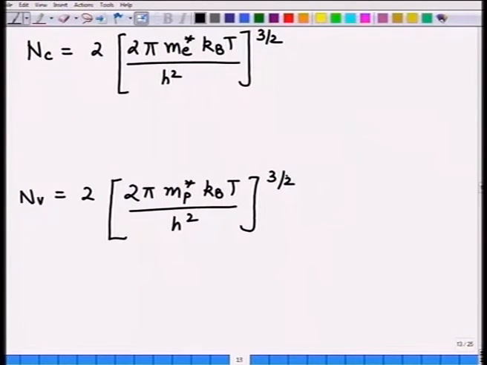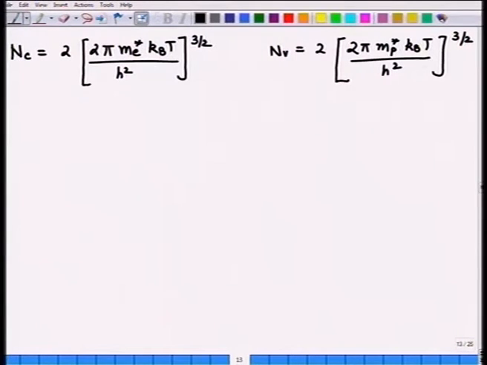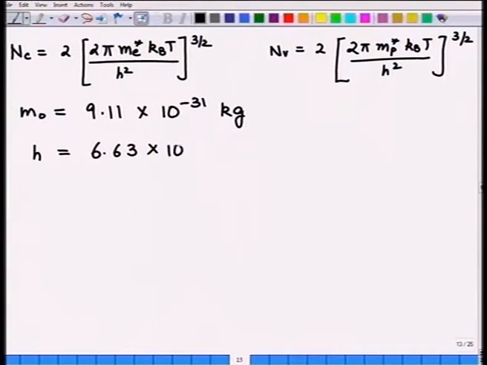Now, let us just calculate these numbers, how much they are. First of all, what we are going to do is simplify it. So, you know that the rest mass of electron, which we are going to say m0, is 9.11 into 10 to power minus 31 kgs, and Planck's constant is about 10 to power minus 34 joule seconds.